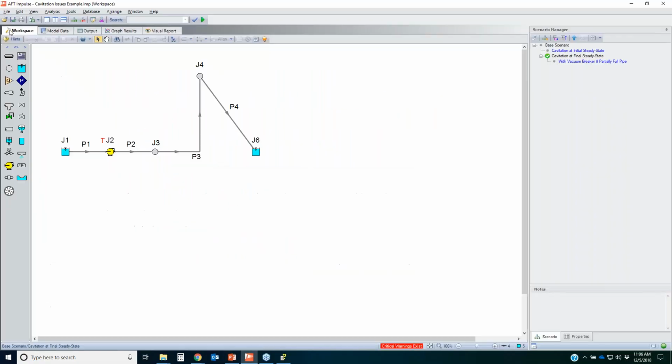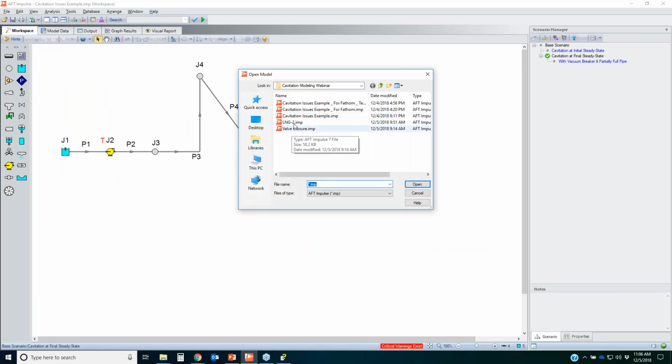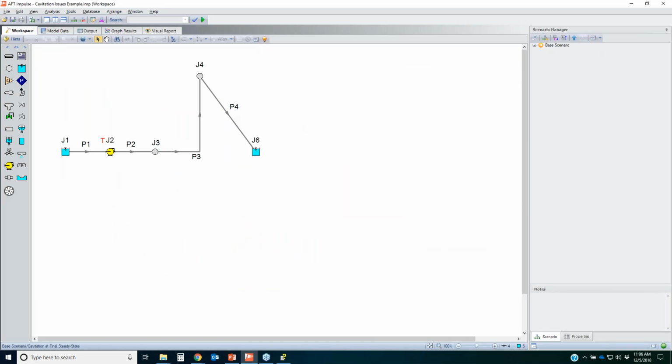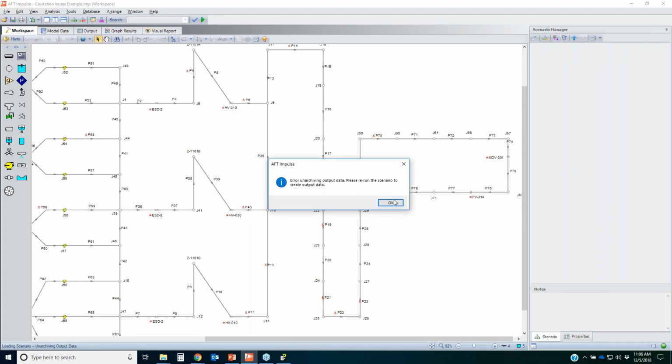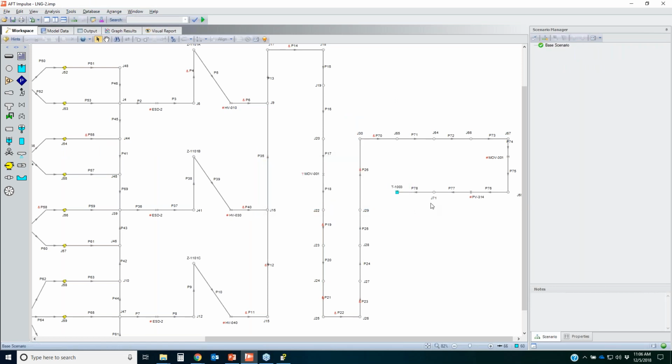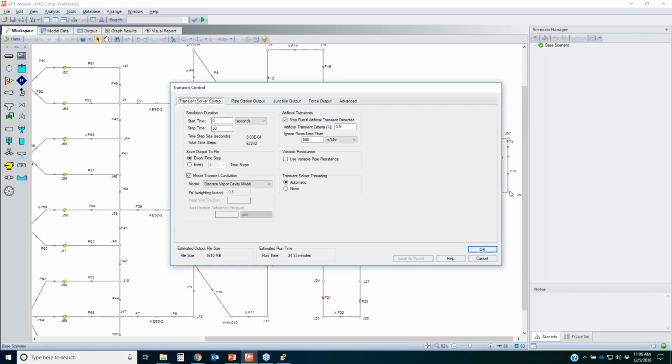If I go into Impulse and I open up that model file really quick, oh, that is unfortunate. For some reason, I thought that I had output data, but it doesn't, and this model actually takes a bit of time to run, so I'm not going to do that here.